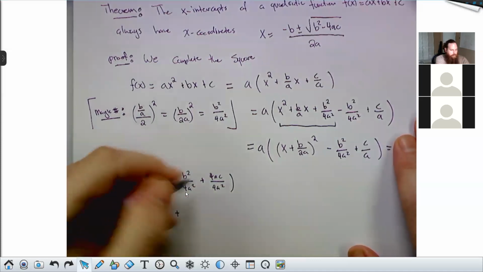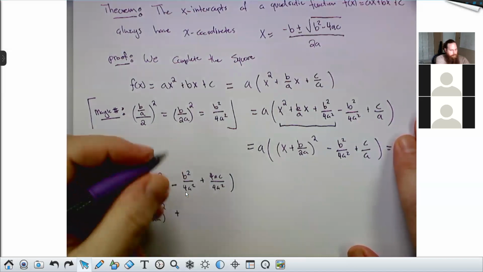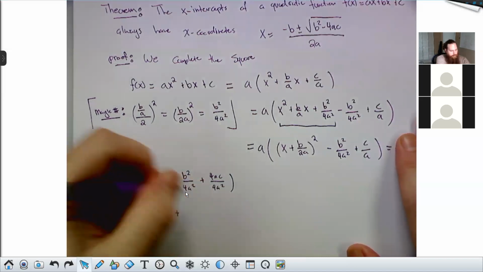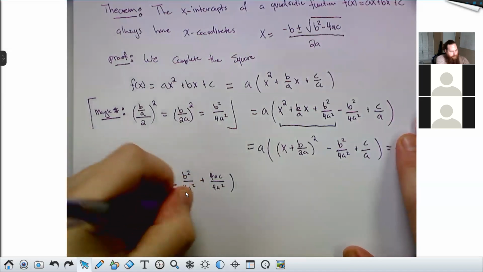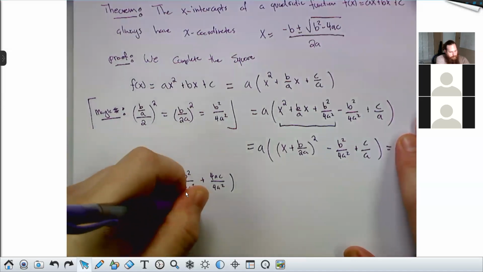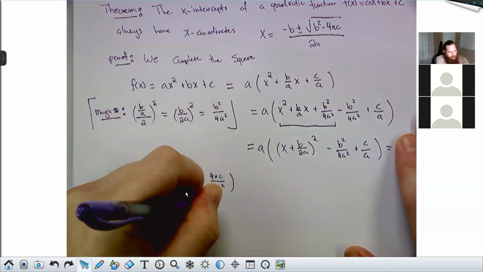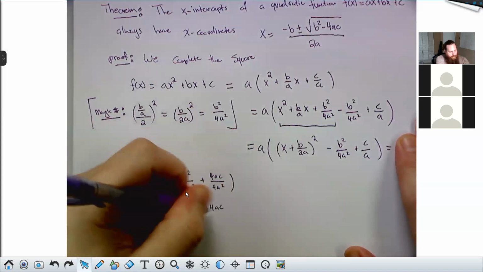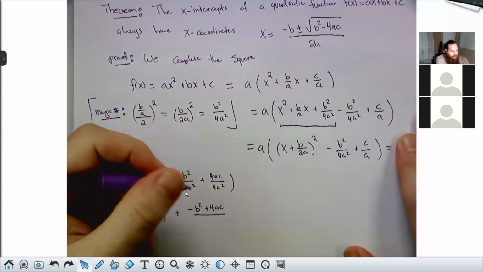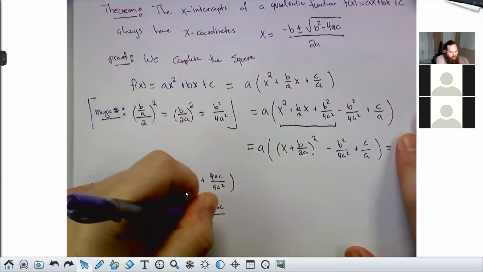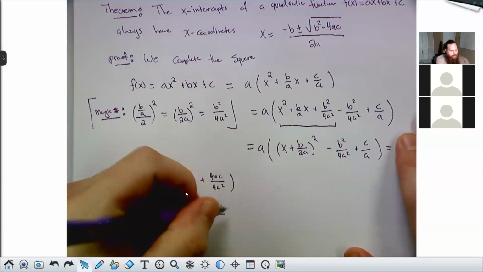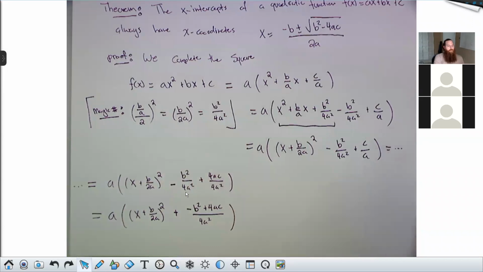Change this to plus 4ac minus b squared. Maybe I'll write it as plus negative b squared plus 4ac all over 4a squared. We can write it like that. I think that's probably what makes most sense given what we had in the previous line.